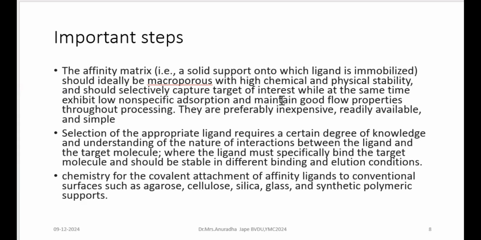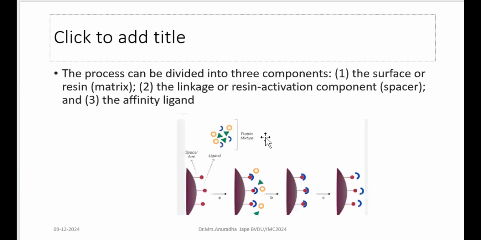The ligand should not interact with the analyte by covalent bonds; it should interact by specific but reversible attachments. But when it comes to binding of the ligand onto the support matrix, the column matrix, that should be a covalent attachment. Right? Now let's look into a schematic representation of the same concept.